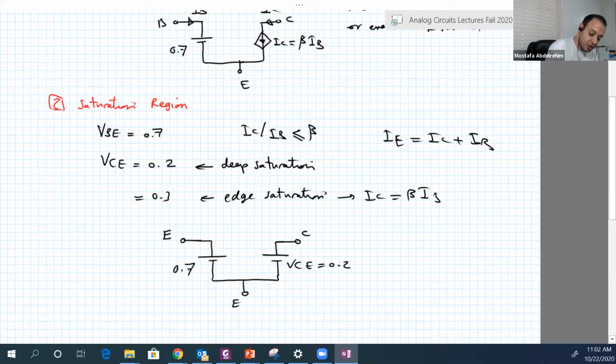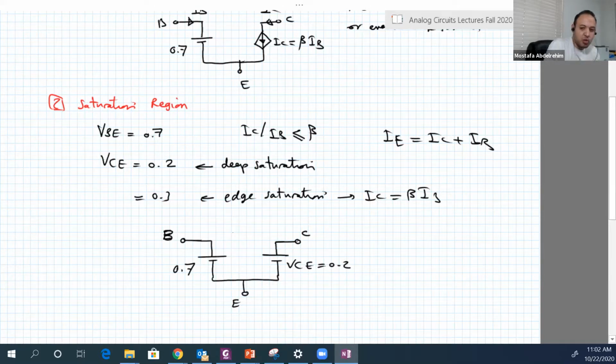Basically, we will not be interested in calculating the current between the collector and the base, so we can safely assume it is open, although it's not open.